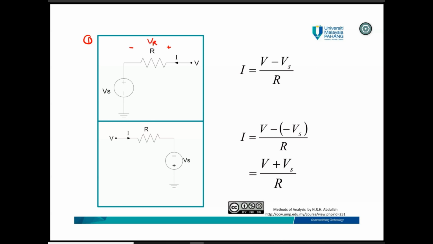And here is the A. In order to determine the current, you have to know the voltage at the resistor so that you can use Ohm's law, V equal to IR, and then I is equal to V over R. So V here is the V for the resistor over the resistor value.